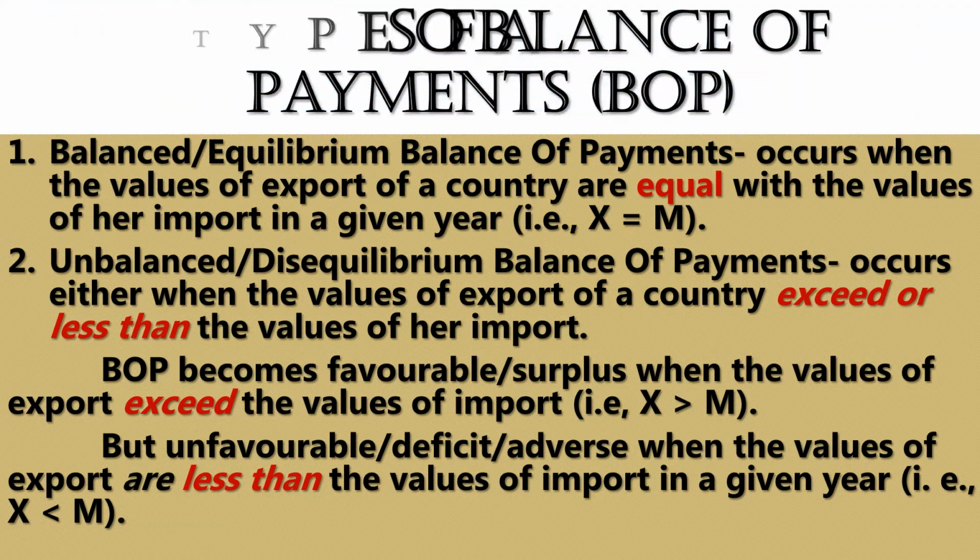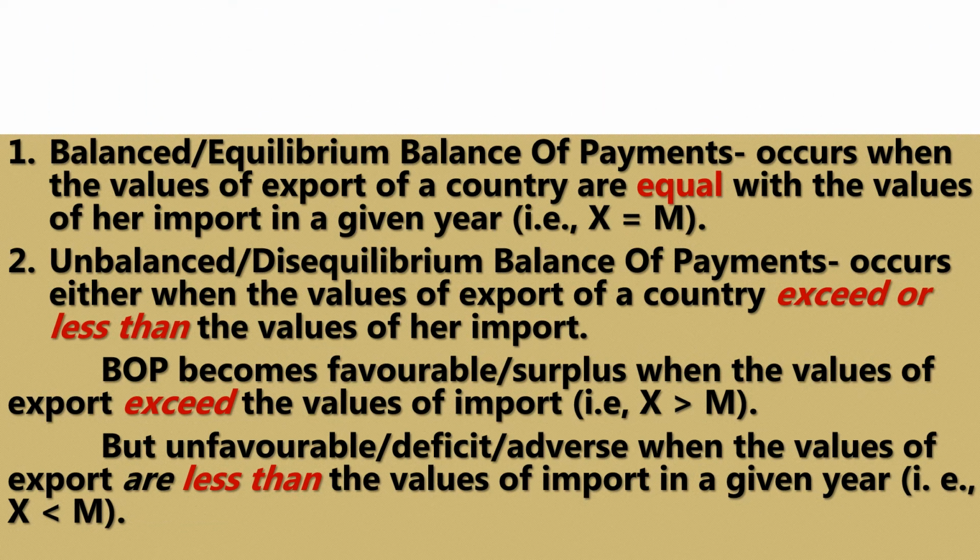And of course, there are two types. We have balanced, otherwise known as equilibrium balance of payment, and two, unbalanced or disequilibrium balance of payment.